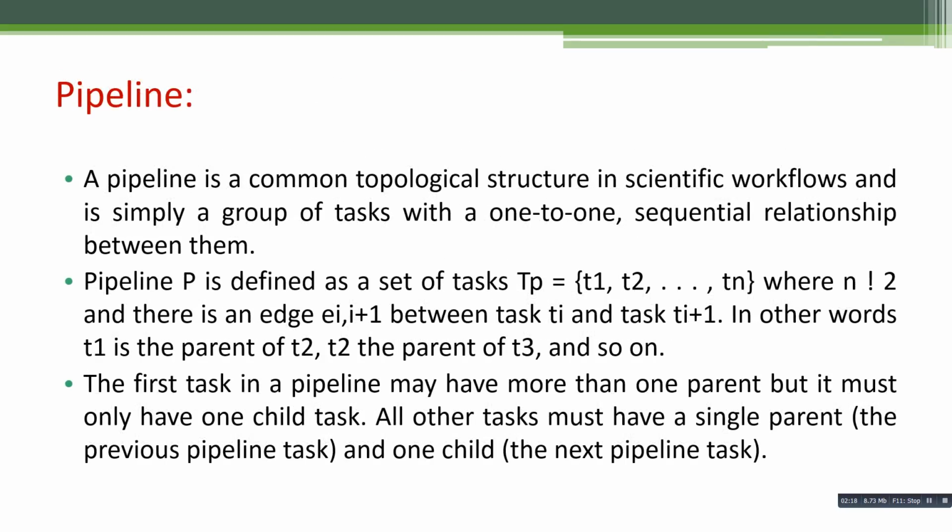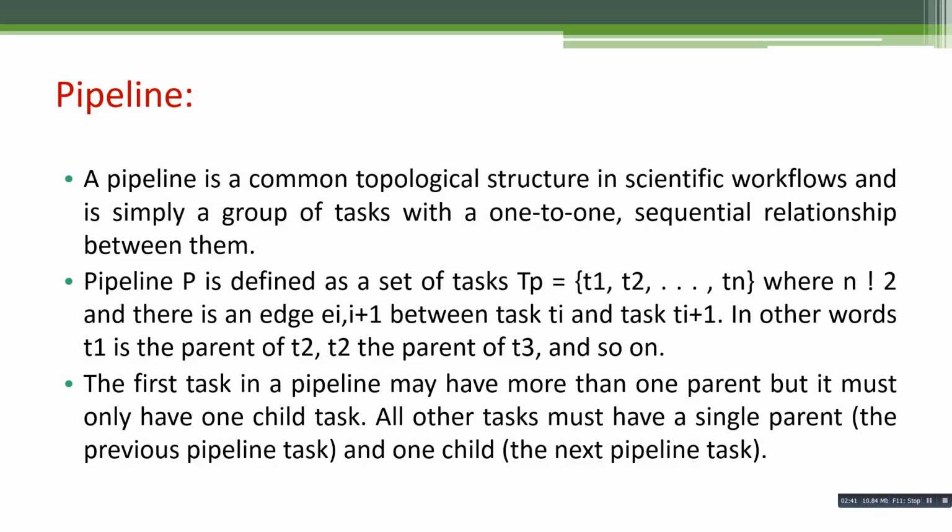Here the pipeline is a common topological structure in scientific workflows, and is simply a group of tasks with one-to-one sequential relationship between them. Pipeline P is defined as a set of tasks where there is an edge e_i,i+1 between task Ti and task Ti+1.